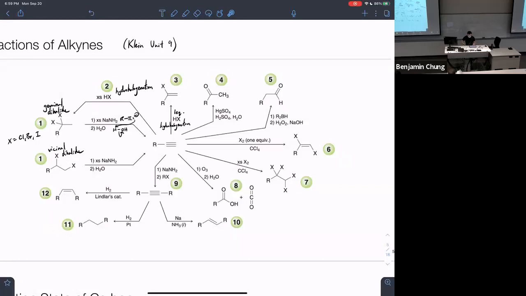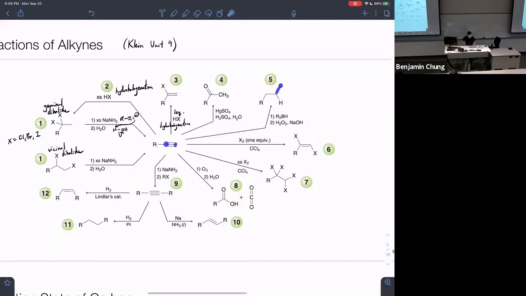Alkynes can also be transformed into carbonyl compounds. And depending on what reaction conditions you use, the oxygen either is added onto this carbon, in this case here, or the oxygen is added to this carbon in case number 5.